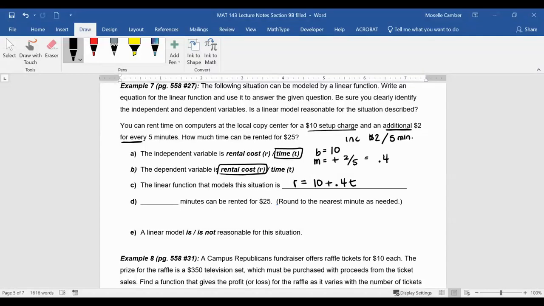So how many minutes can be rented for $25? Round to the nearest minute as needed. Okay, so we want to know how many minutes. So how many minutes is our t? That's what we don't know. They give us $25, so that is my r.